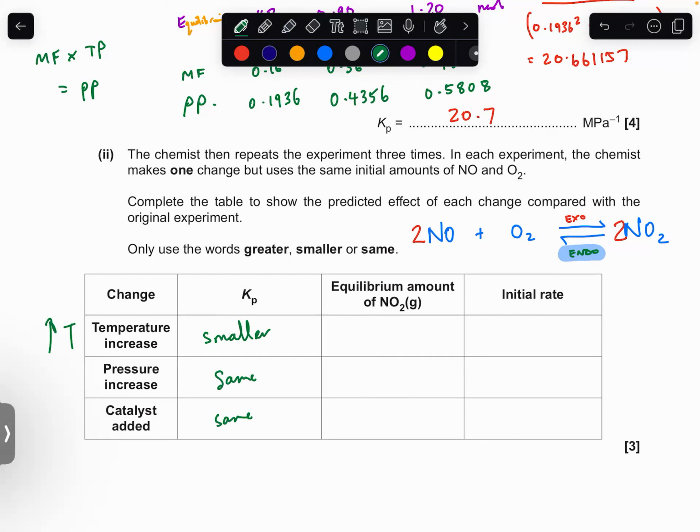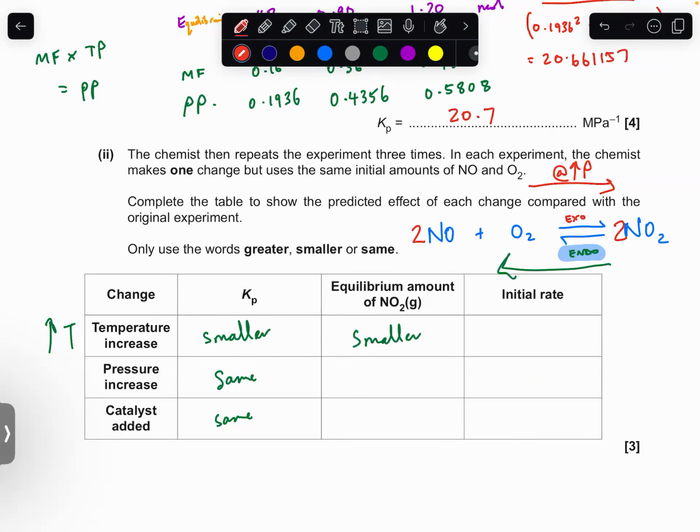Now, by increasing the temperature, the equilibrium shifts to the left-hand side. And so the equilibrium amount of NO2 is going to be smaller. By increasing the pressure, the equilibrium system will shift to the right at increased pressure.